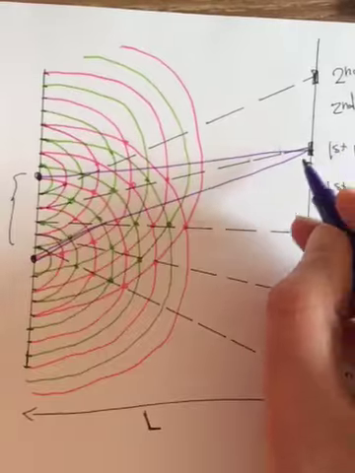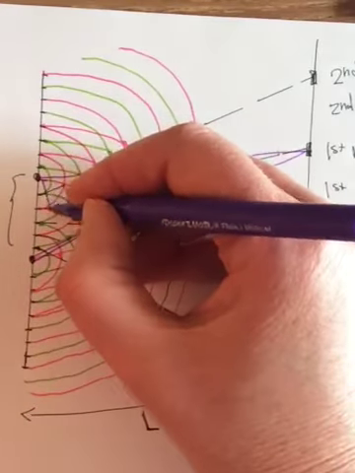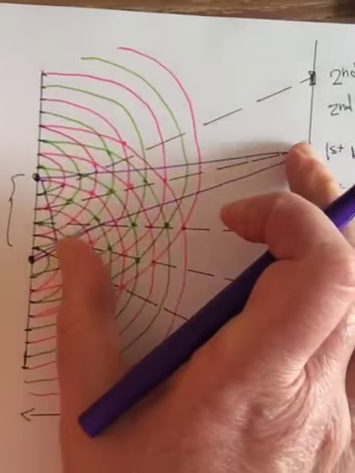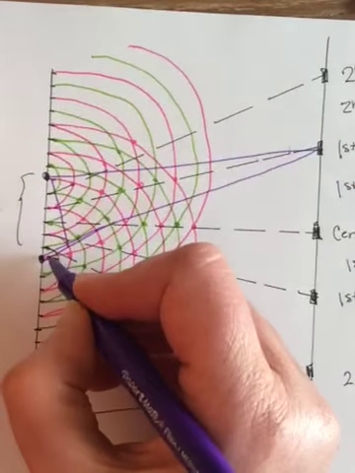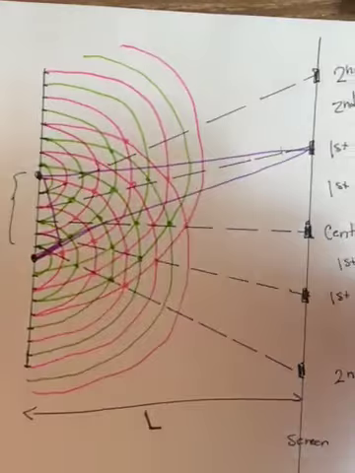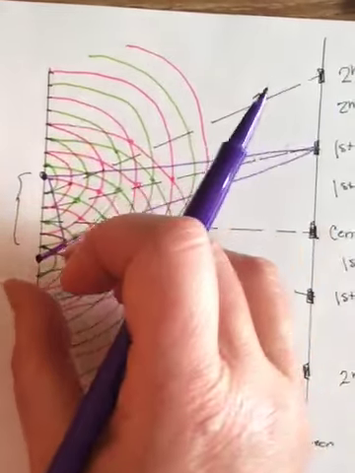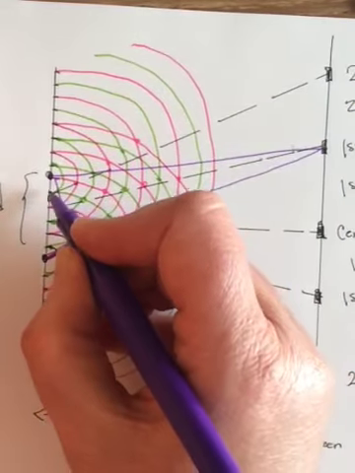The difference in these two lengths has to be a whole number of wavelengths. So if I measured this length and this length, it would be the same, and this would need to be a whole number of wavelengths here. And if it's going to the first max, it would be one wavelength. If it was going to the second max, it would be a second wavelength.